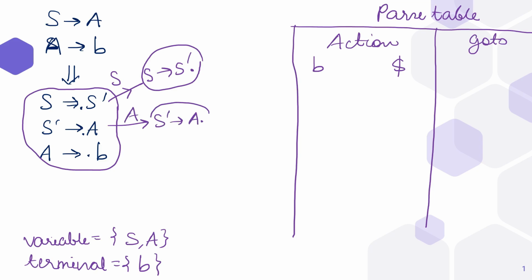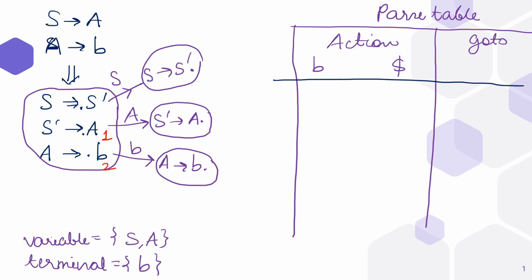That means that it has successfully read A and it can be called reduced. On reading B, this particular production will get reduced. Now let me number these productions. This is the first production, this is the second production. Okay.